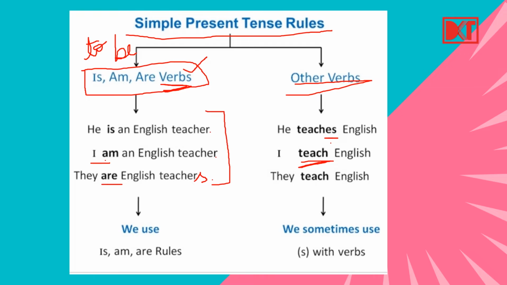And then with they teach English. Alright. So we sometimes use s or es with verbs. Alright. And here we use is, am, are verbs. These are the basic rules. Now let's move on to more further details in the formation of the simple present.